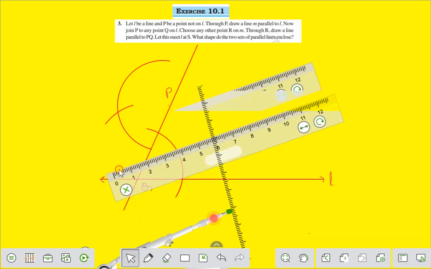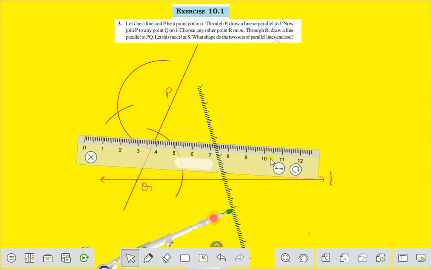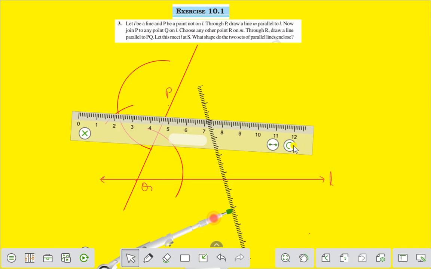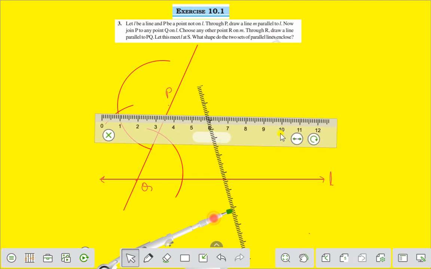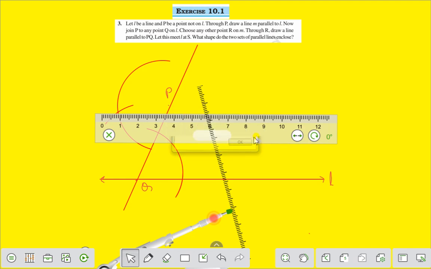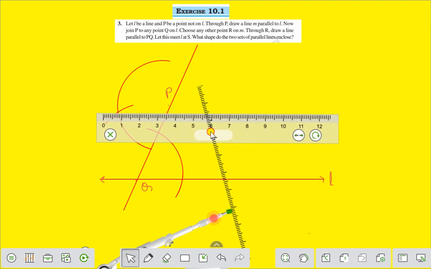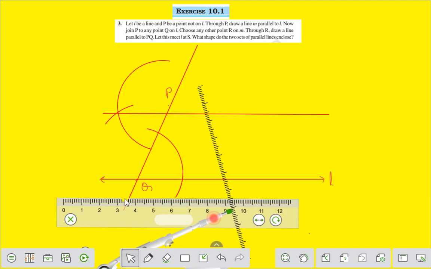Let us join this line to meet at the point P. This is point P. Now draw this line. Here you see this line is M.